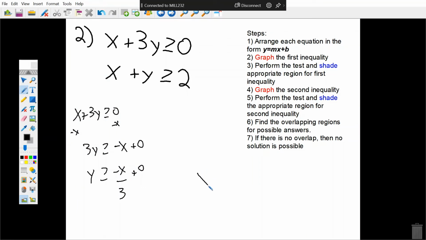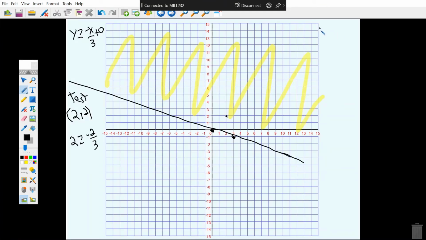This was x plus y is greater than or equal to 2. We want to get the y by itself. Negative x plus 2. So our y is greater than or equal to negative x plus 2.